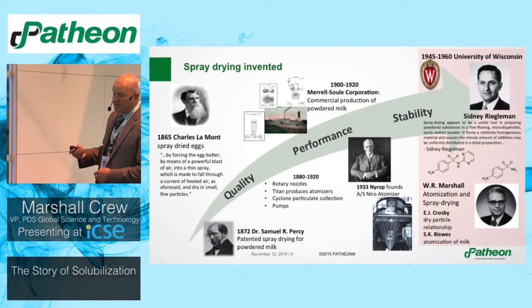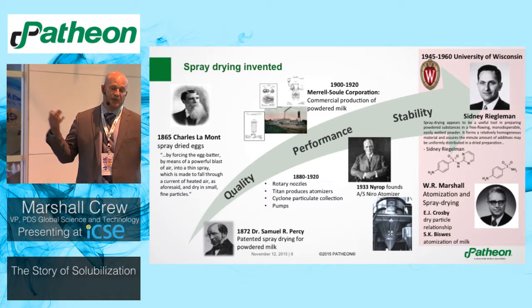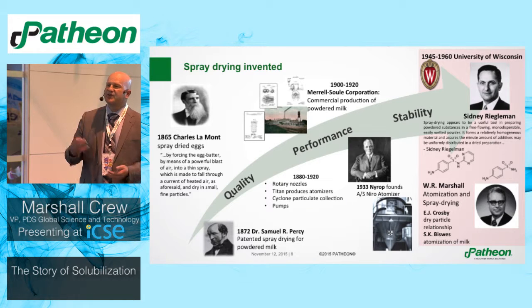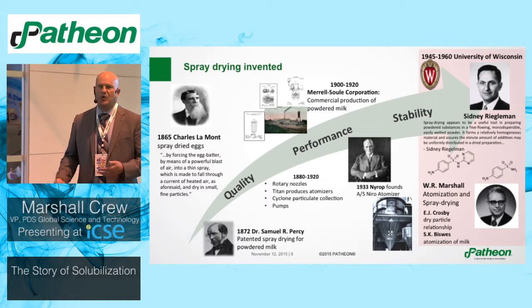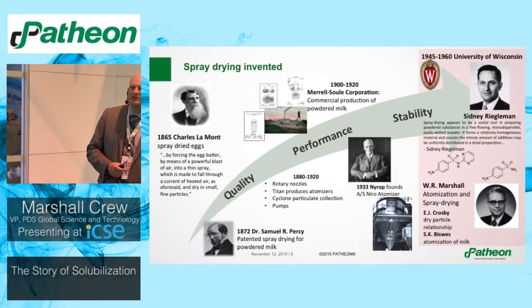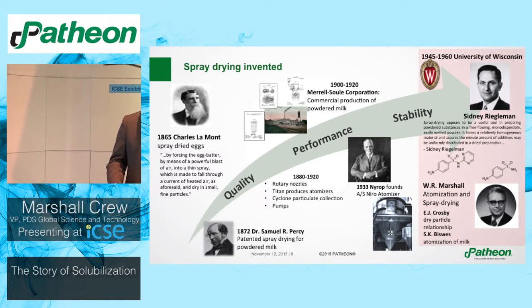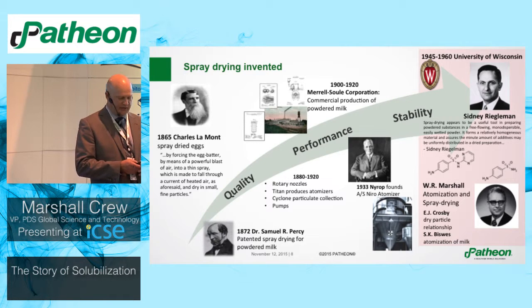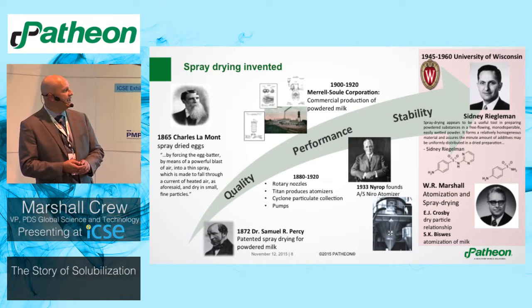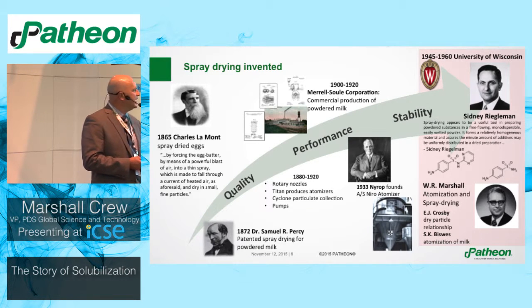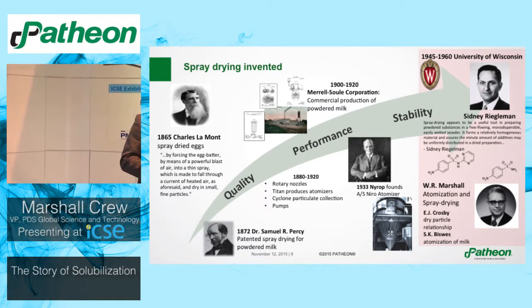And in fact, some of the early spray dryers literally just sprayed into a chamber, and the powder collected to the point where it got so deep that it wasn't effective anymore. They would go in and shovel it out inside the chamber, empty it out, and start the process over again. So hardly a continuous process. And it wasn't until 1920, as I said, that the Merrell-Soule Corporation commercialized spray drying and manufactured dried powdered milk with it.